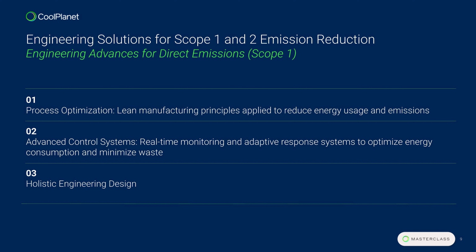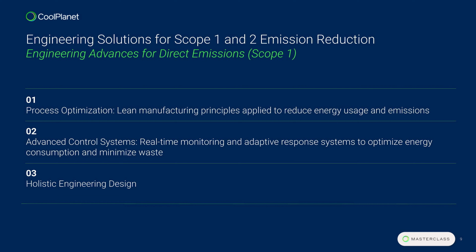This brings us to the next part of our discussion, John, which would be the engineering advances that we are seeing towards the direct emission reduction, that is the scope 1 emission. And the first thing that pops into my head is the process optimization.